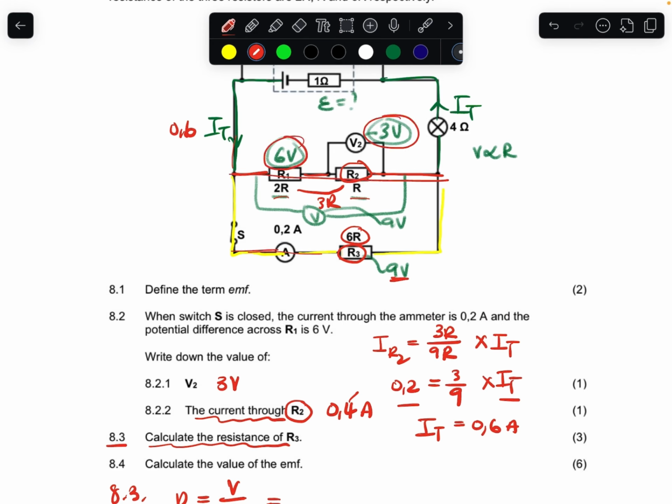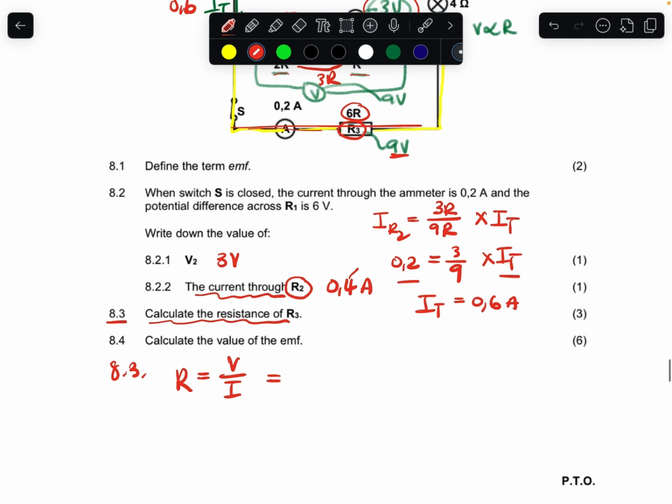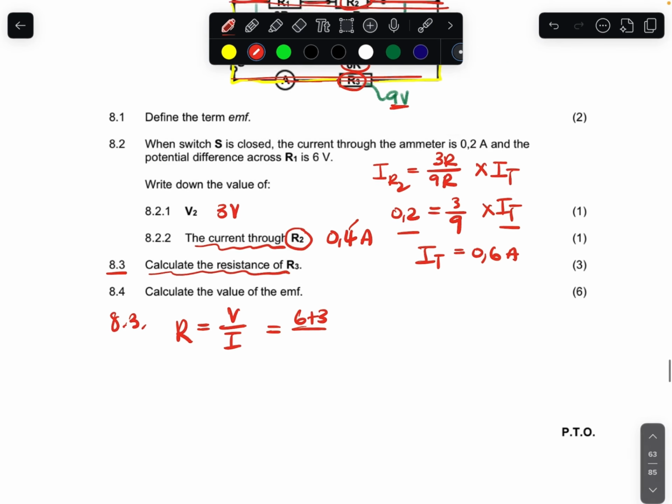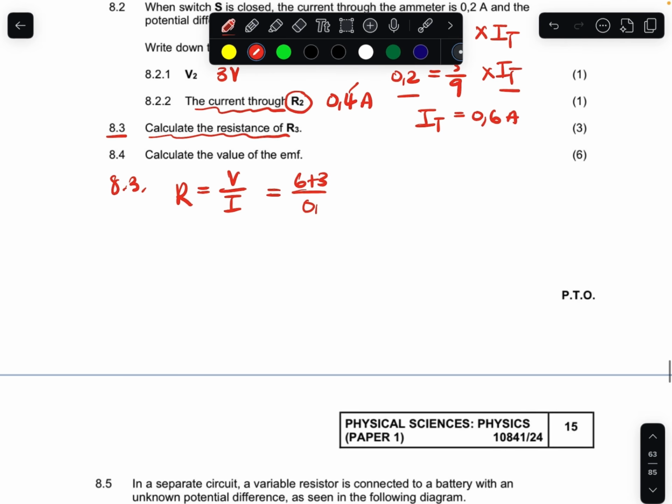The voltage here is 9, and the voltage there is going to be 9. So we say 6 plus 3 divided by the current. The current that passes here is 0.2. So it's going to be 9 divided by 0.2. The resistance is going to be what? 45 ohms, right?